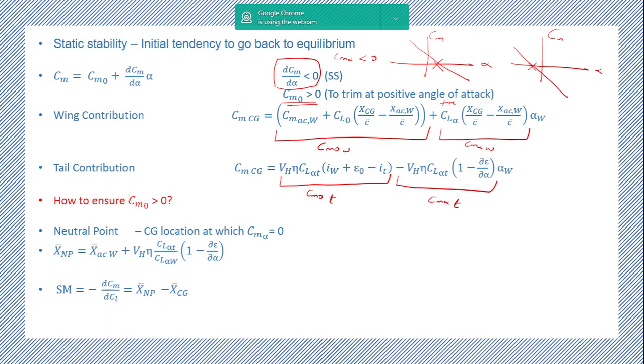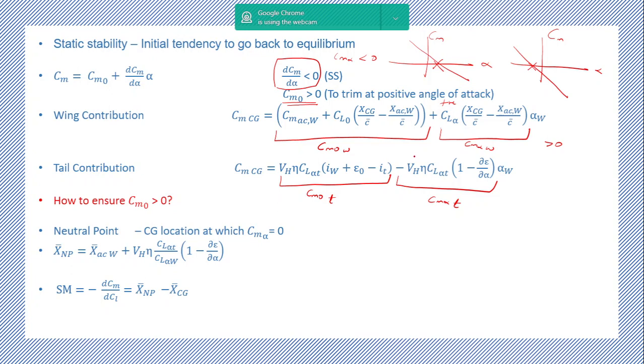Can you try to comment on that? Positive. So the overall Cm alpha contribution of the wing is generally positive. So is it stabilizing or destabilizing? Destabilizing.